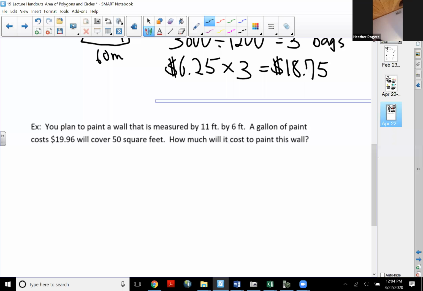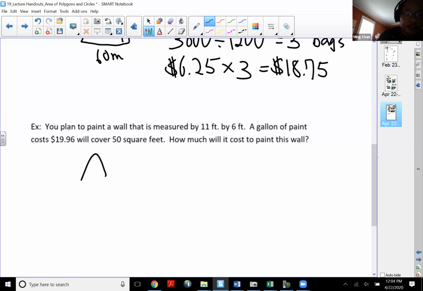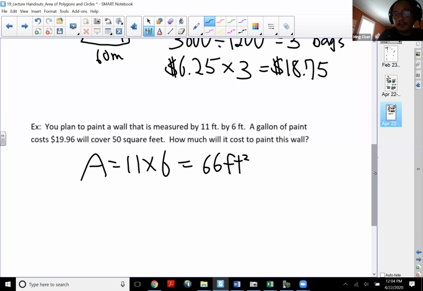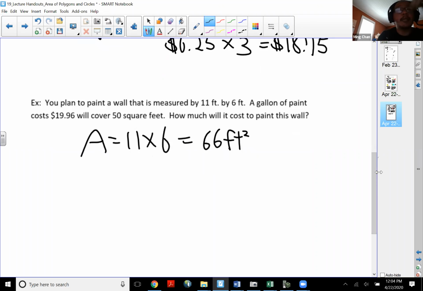All right, so this area, this wall, 11 by 6 is 66 square foot, right? Now, you and I both know we can buy part of a gallon. I know we can buy half a gallon of paint, but let's assume we're gonna buy a whole gallon here. 66 square foot divided by 50.